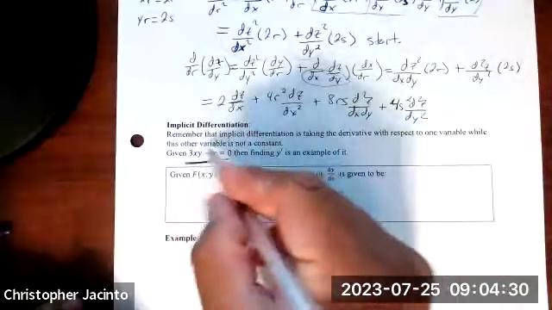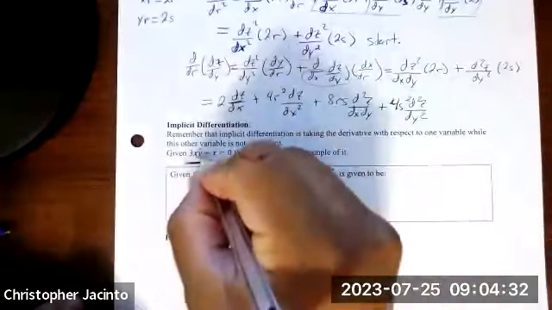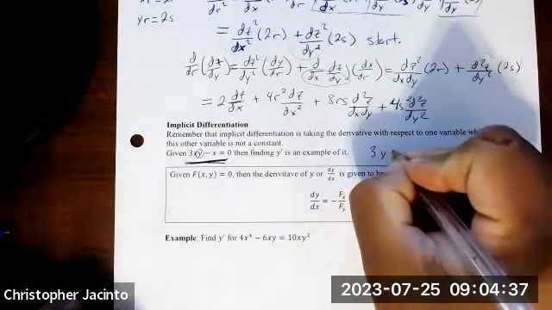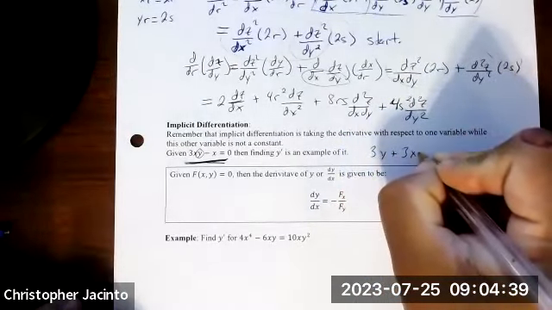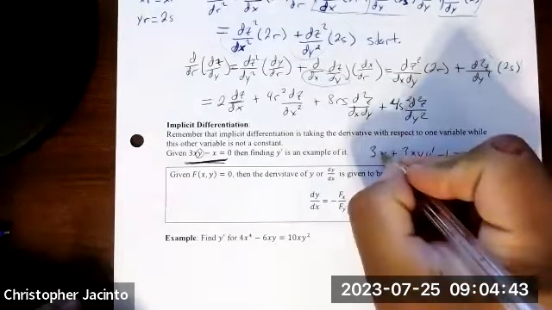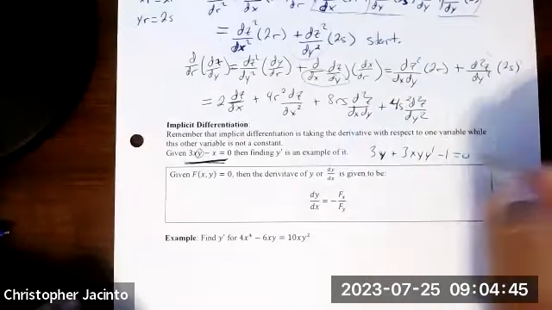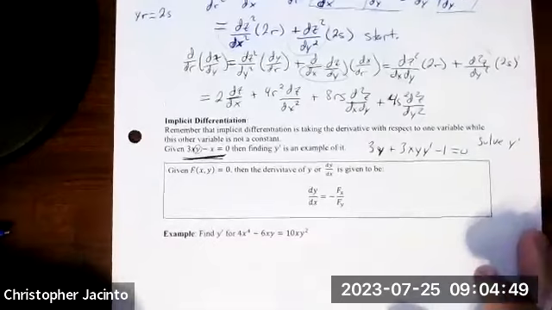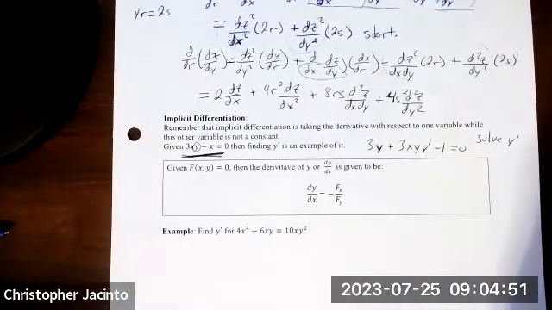So if we take the derivative of this, remember it's chain rule, right? So it's 3y, let's say this, for instance. And we want to solve for y prime, right? That's implicit differentiation. Okay.